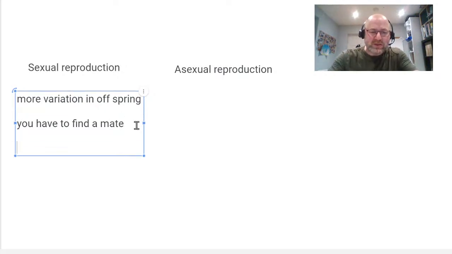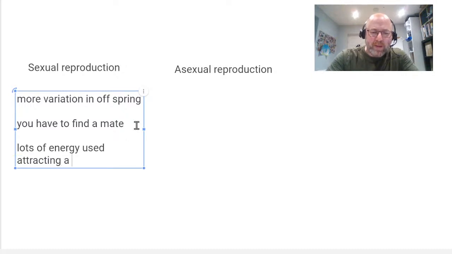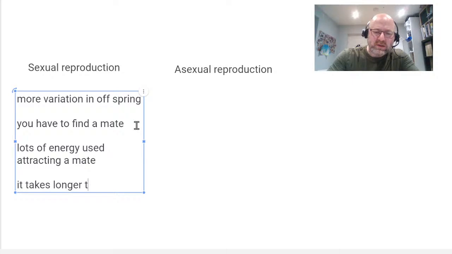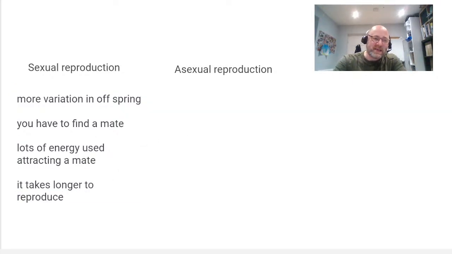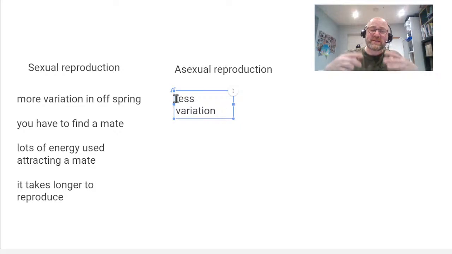Lots of wasted energy. So that's a disadvantage. Lots of energy used attracting a mate. It takes longer to reproduce.